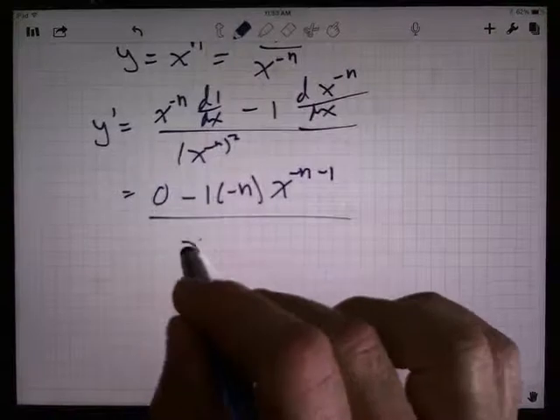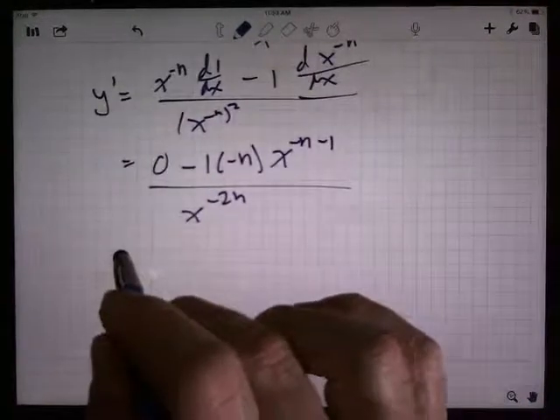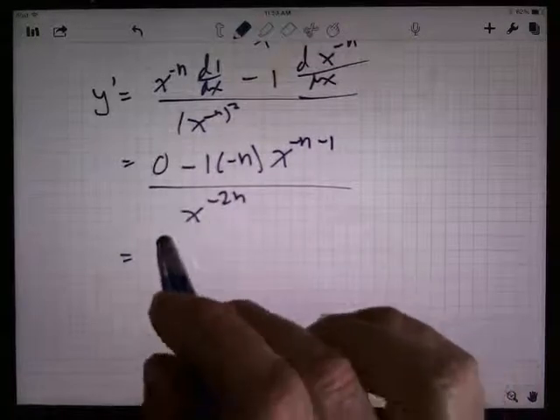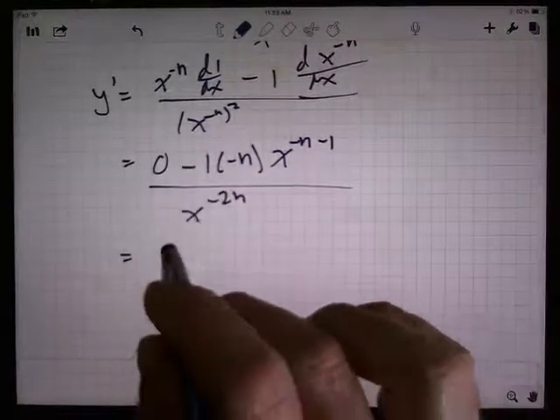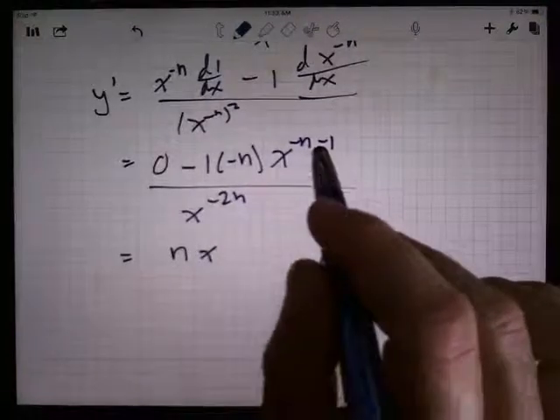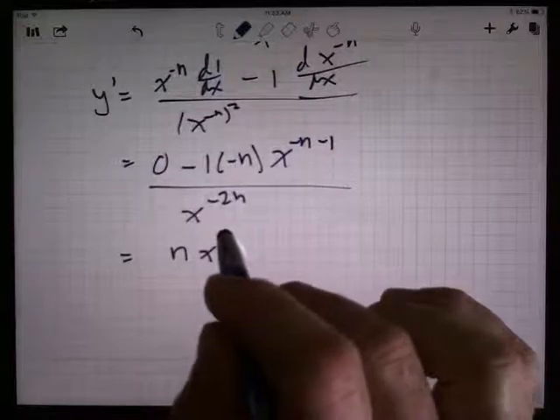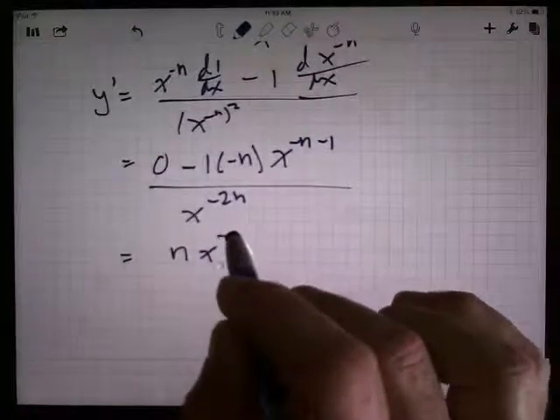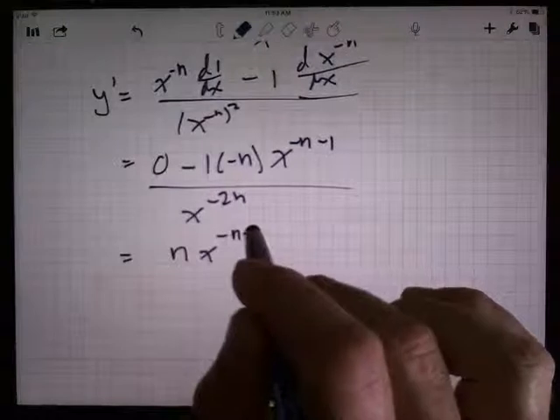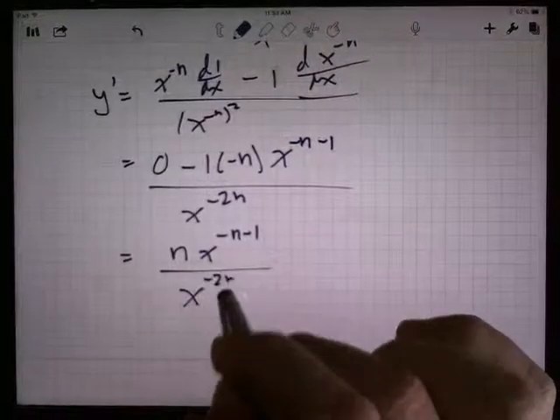And then I've got x to the negative 2n here. For a grand total of, the negative 1 times negative n is n. I've got negative n, negative 1 over x to the negative 2n.